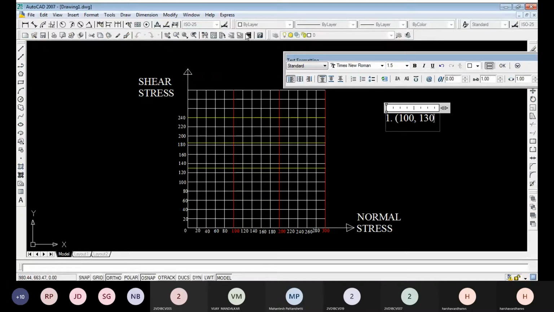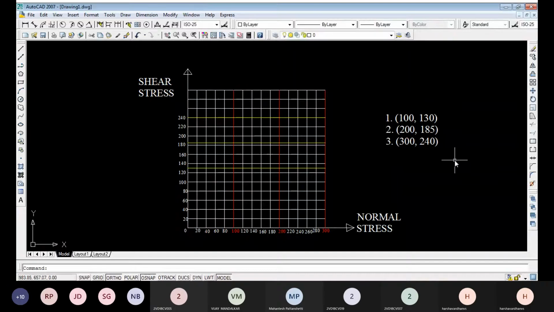So I have to mark this point. Second point: normal stress is 200 and shear stress is 185. I have to mark this point. For the third trial, normal stress was 300 and it failed at a shear stress of 240. So these are the 3 points I have to mark.